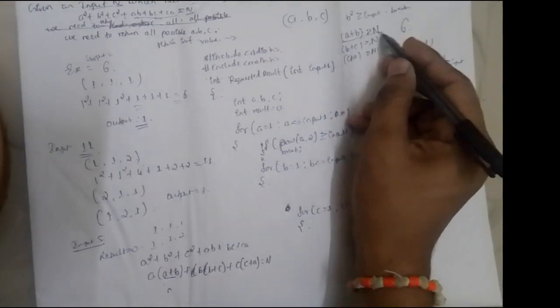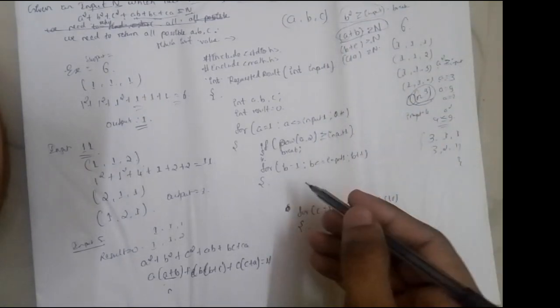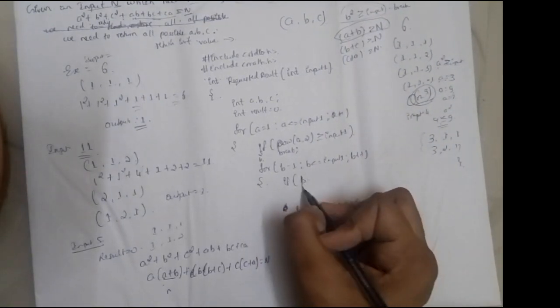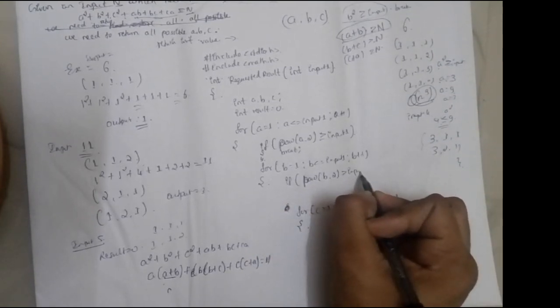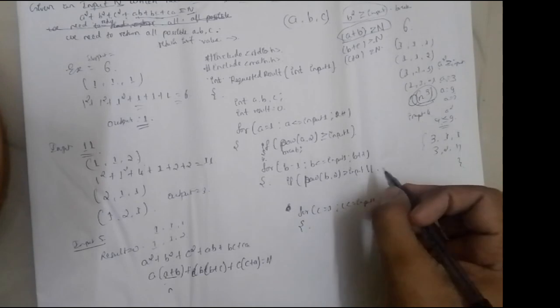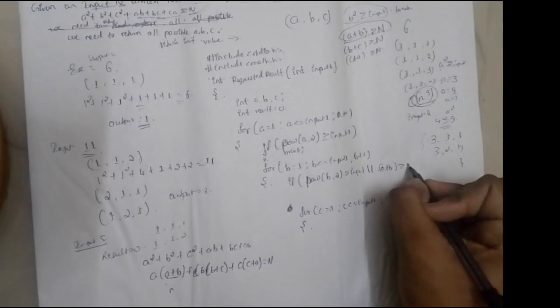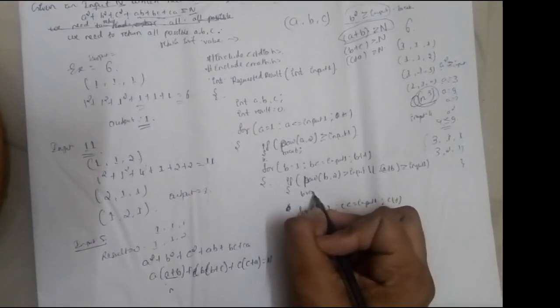So first we're going to add only this statement and this statement, because we are in the second loop. If power of b comma 2 is greater than or equal to input value, or a plus b is greater than or equal to input 1, need to break.